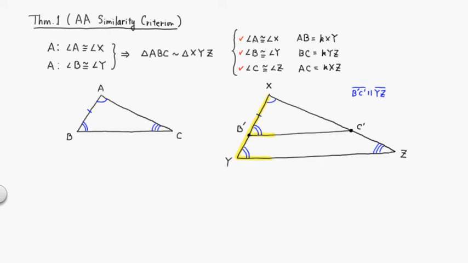So this one is congruent to that one. So we know that BC is congruent to B prime C prime, and AC is congruent to XC prime right here.